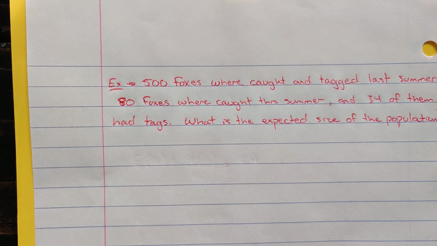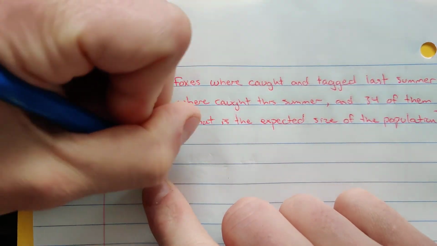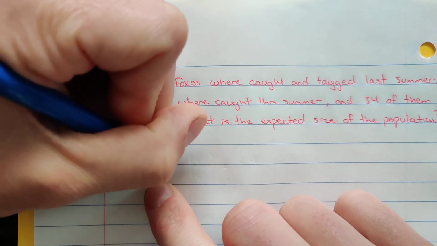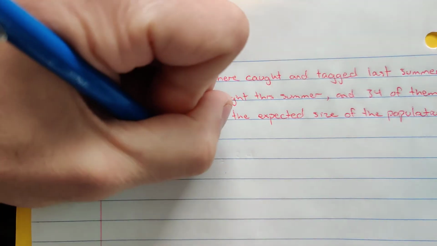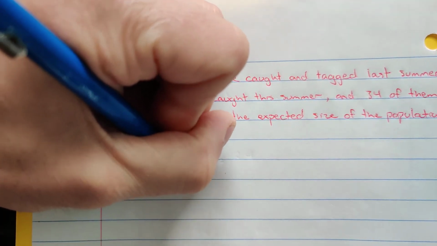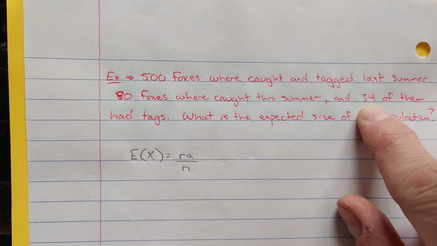So we can use that to figure out an expected population or total population size, given that if we use our expected value equals the r a over N. And so if we fill this in with the information we have, catching 80 foxes, we would expect that 34 of them had tags.